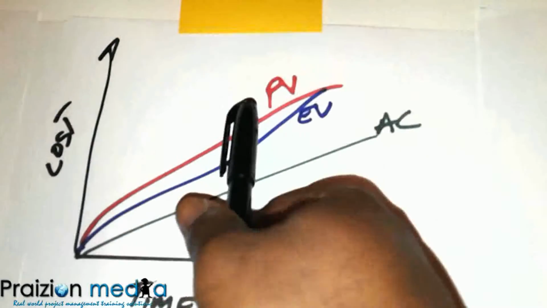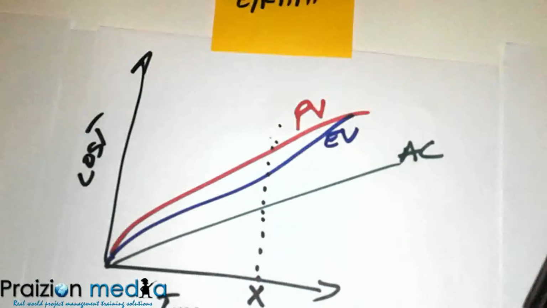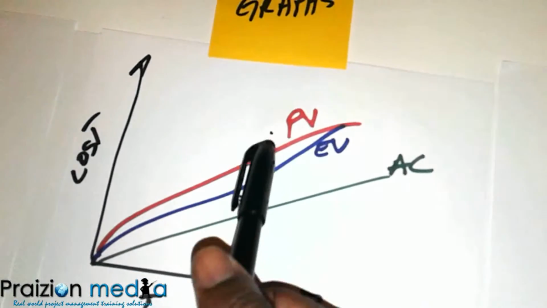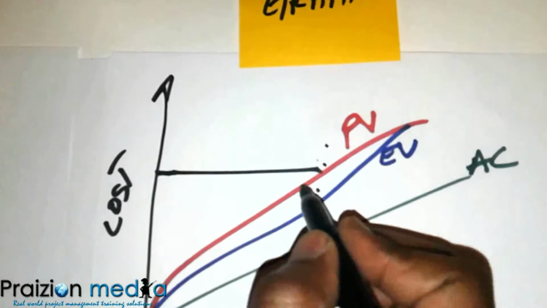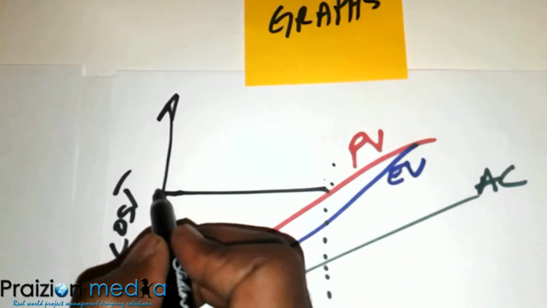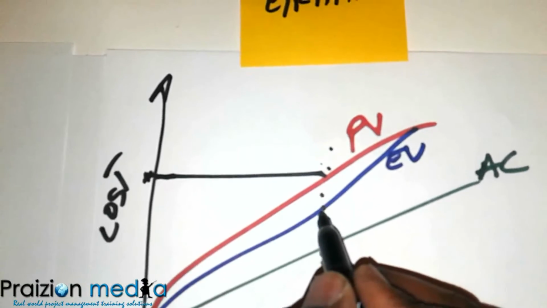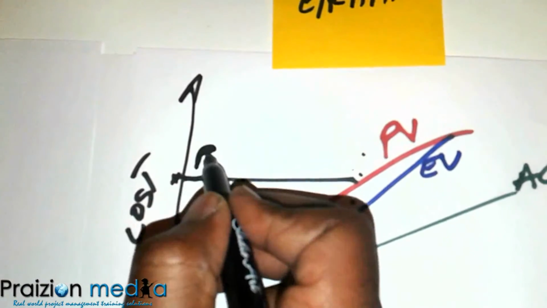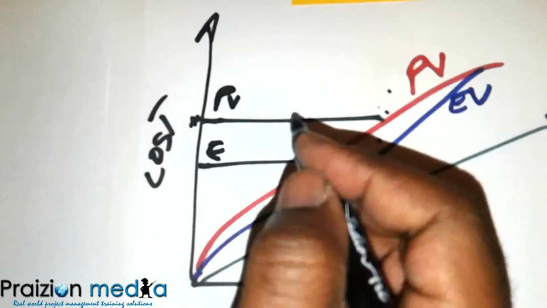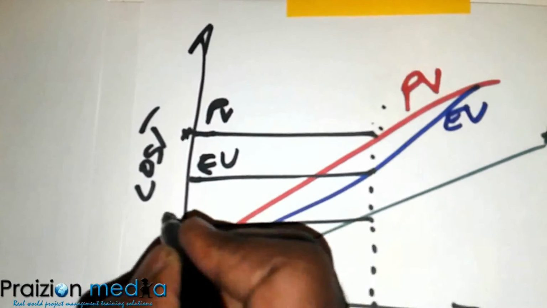At point X in time, the plan value is higher. We trace it back to what the cost actually is. You can see that this is higher than the earned value. So that's your plan value, that's your earned value, and you can see your actual cost here.